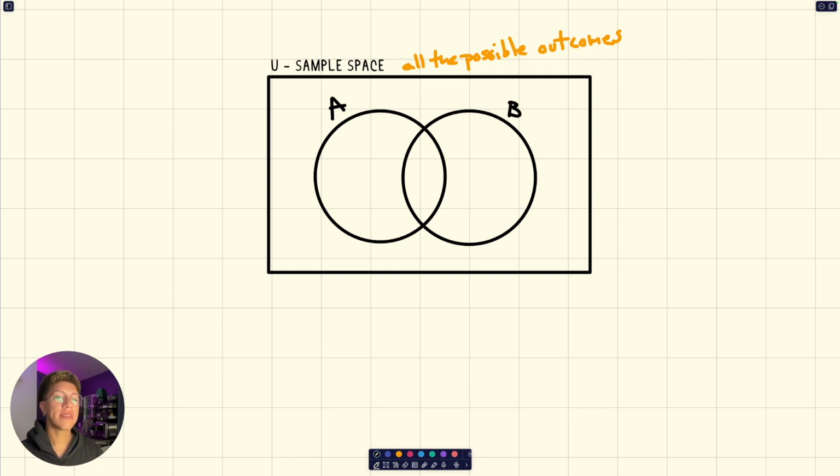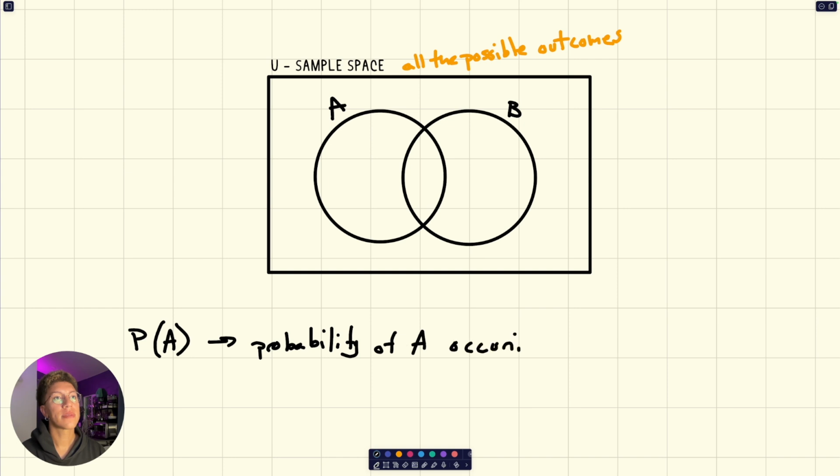And so the very first thing that we want to talk about is our notation. And the notation that we use for probability is capital P of A. So this is a function. And we're saying that the probability of A occurring can be represented by some probability that goes from 0 to 1.